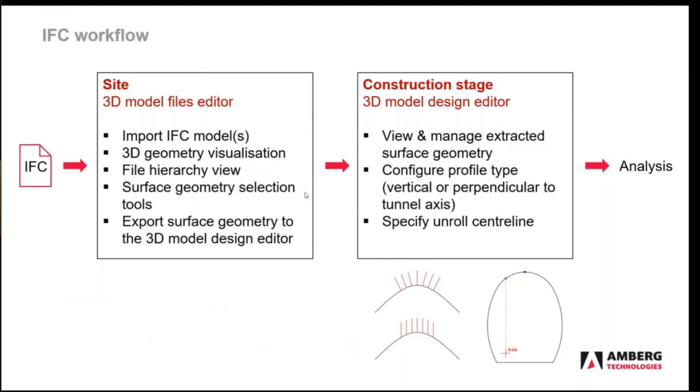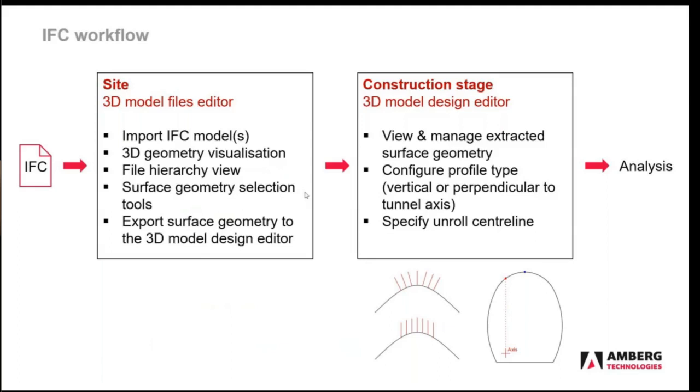So this 3D model files editor has a 3D view, 3D navigation, and also a file hierarchy view. This is where you can view the structure and the layering of the IFC file, and a number of different tools for interacting with the model.